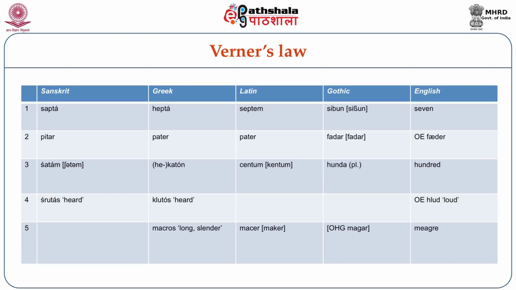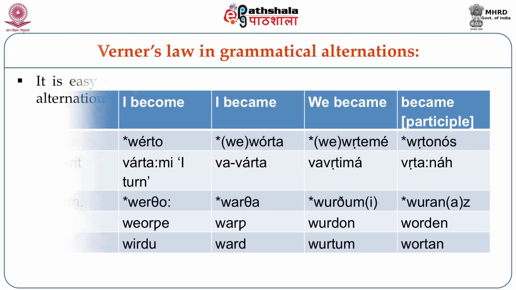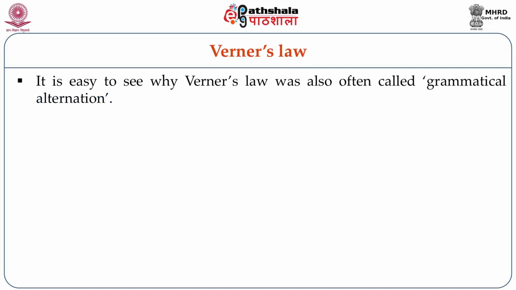So the chart may be read. And another set of illustrations is provided in the grammatical alternations. It is easy to see why Verner's law was also often called grammatical alternation.